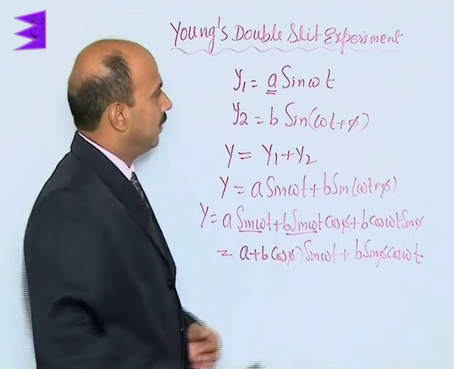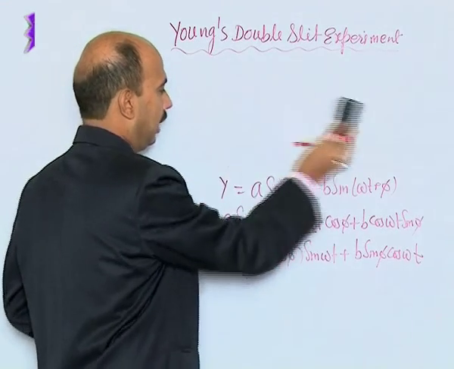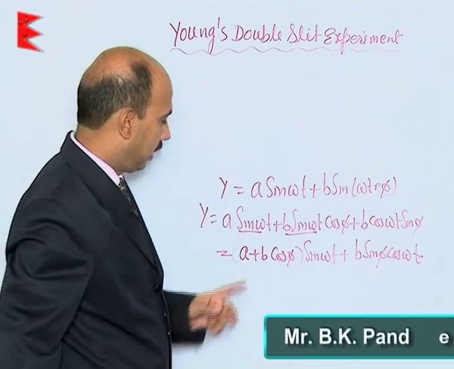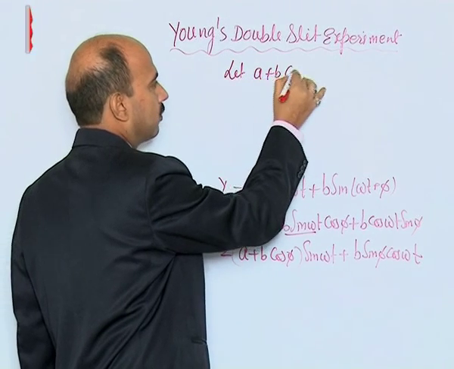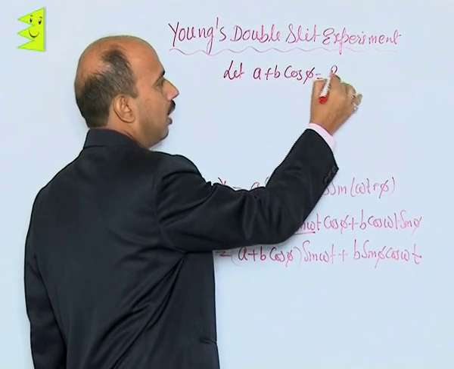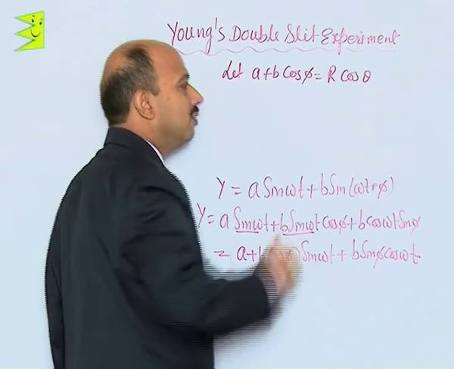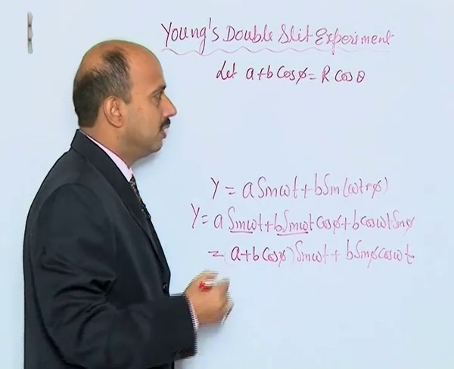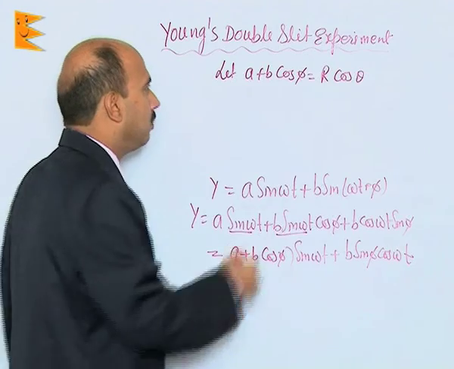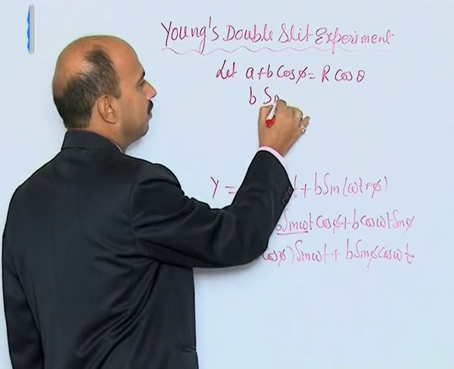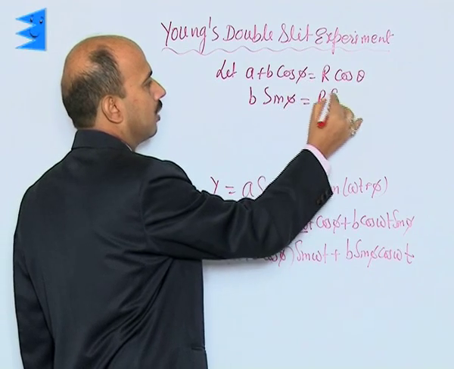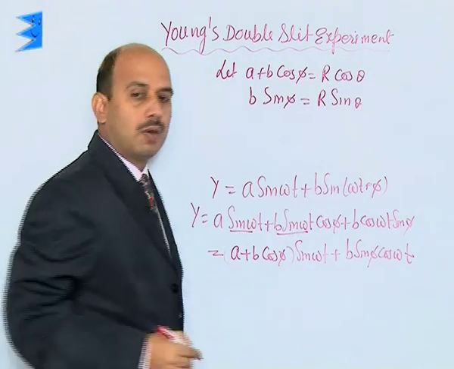Now we can simplify further. Let a plus b cos phi be equal to r cos theta, where r is the resultant amplitude and theta is the angle. This is one component of the wave, and for the other we can write b sin phi is equal to r sin theta. These are the two components I have taken.